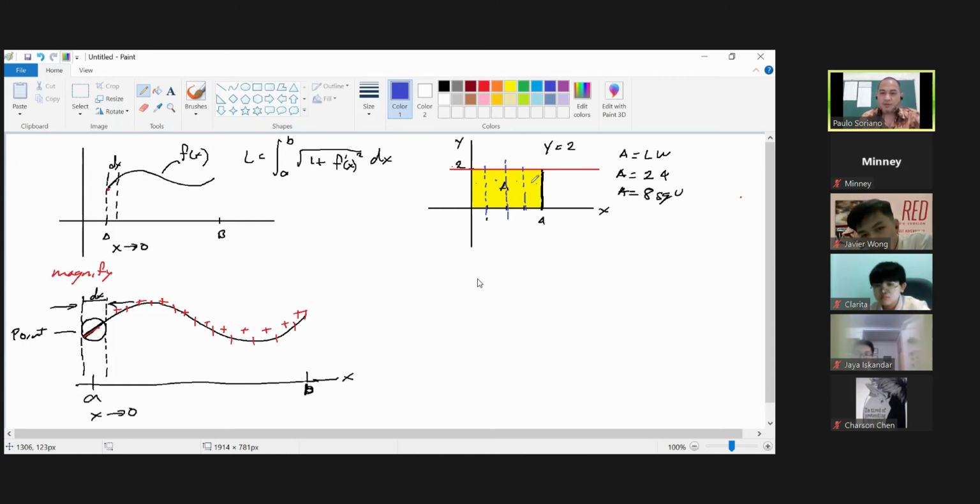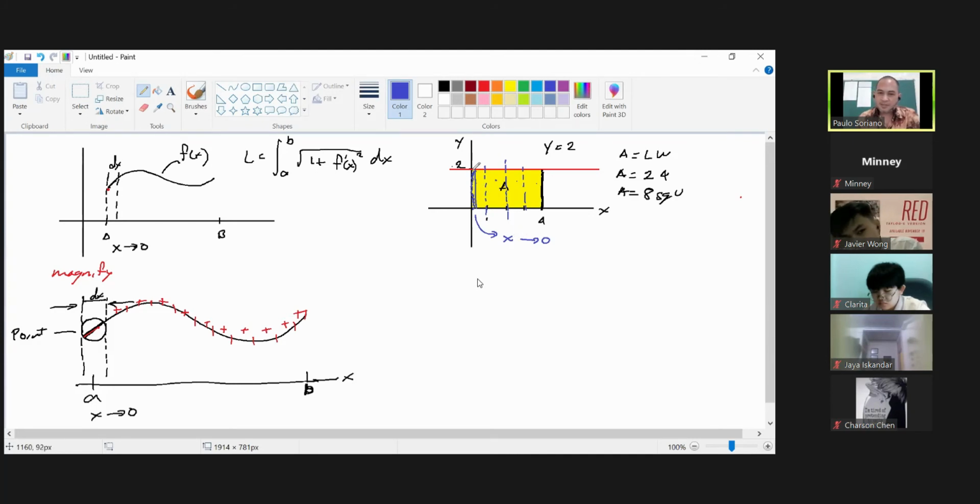Okay. Now imagine that I'm going to cut a very thin piece of that, wherein the x value now approaches 0, so that the x distance is approaching 0.